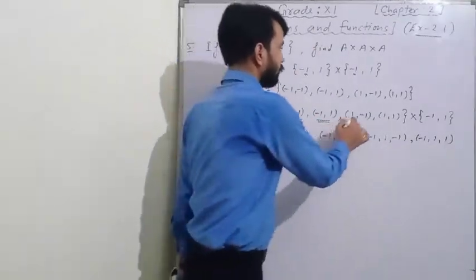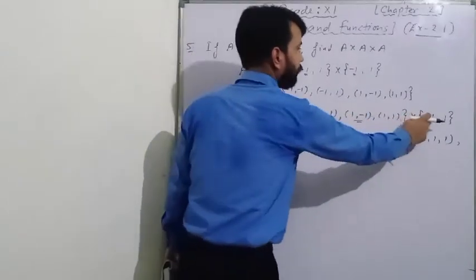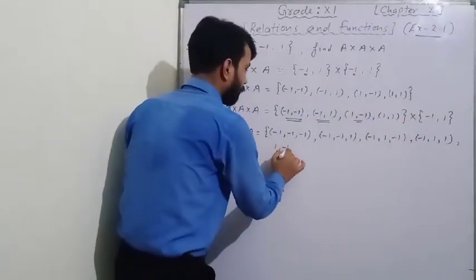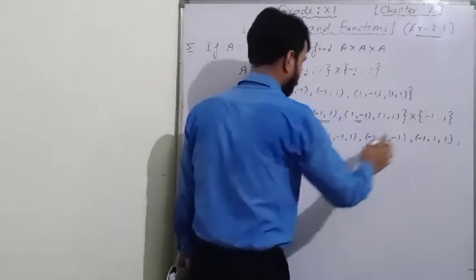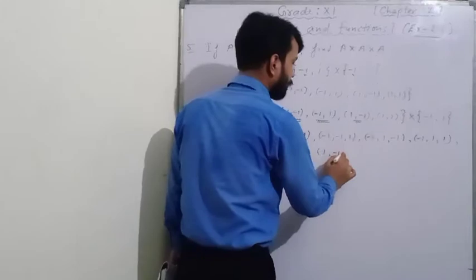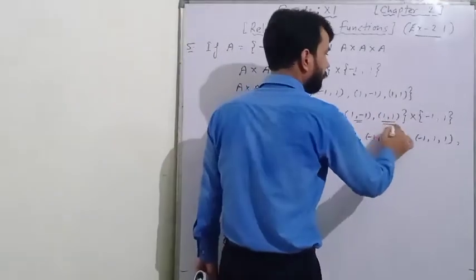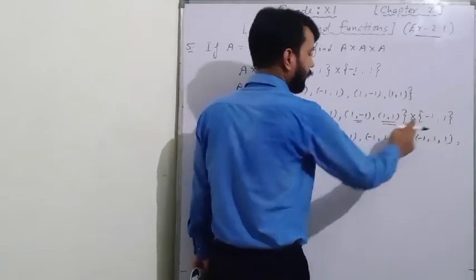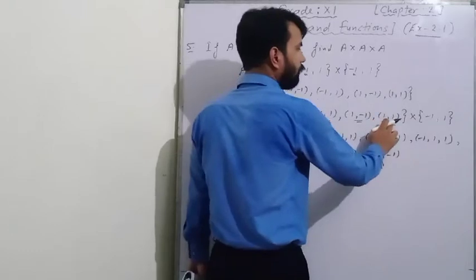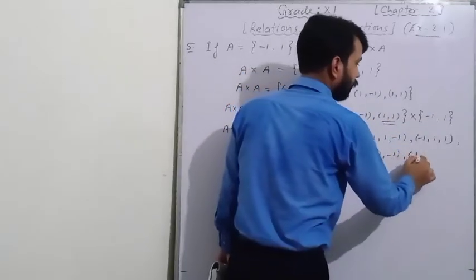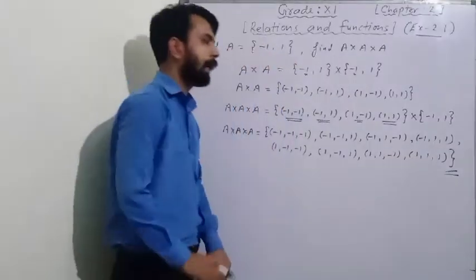Now taking this: (1, -1, -1) and (1, -1, 1). Completed. Now the last ordered pair is this: (1, 1, -1) and (1, 1, 1). Here this set is completed and this is your answer.